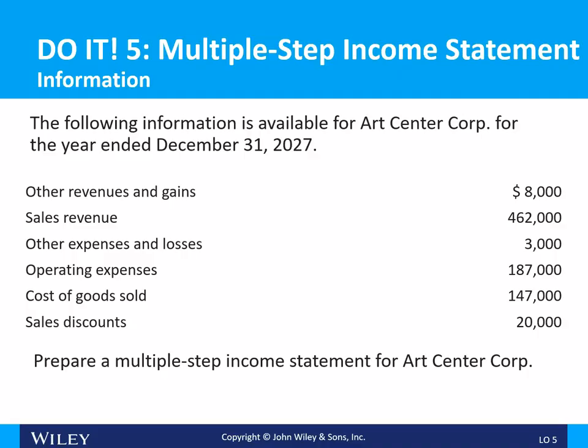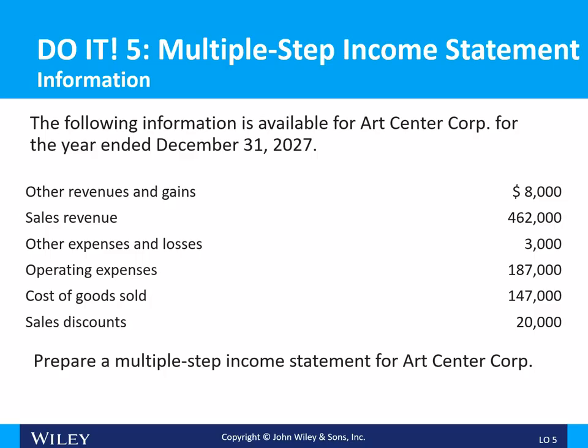Now let's do an example to prepare a multi-step income statement. This is for Art Center Corporation for the year ended December 31st, 2027. We have a number of accounts listed there, and they made it a little easier and haven't listed all the operating expenses. They simply say operating expenses, but remember that could be a number of accounts under there.